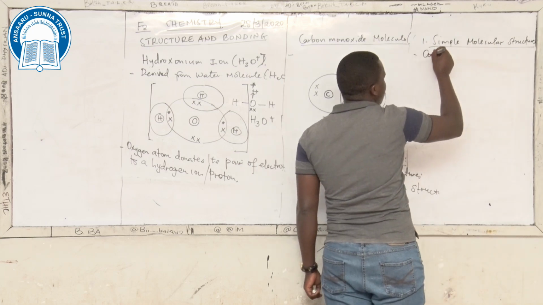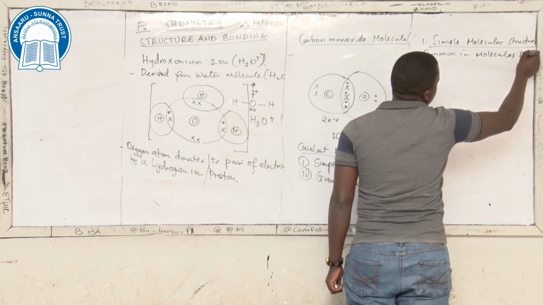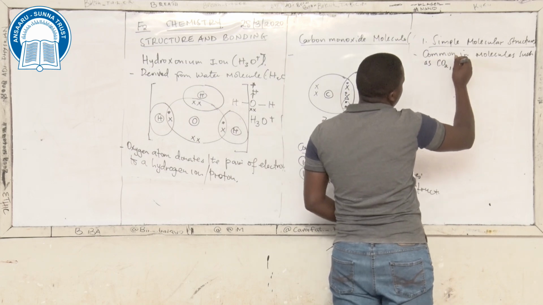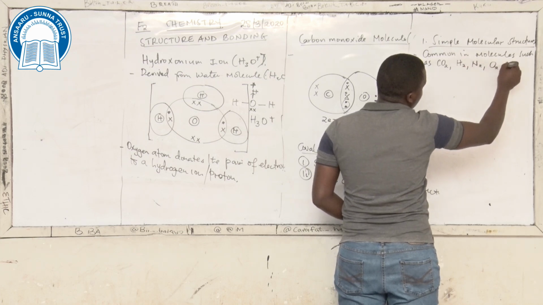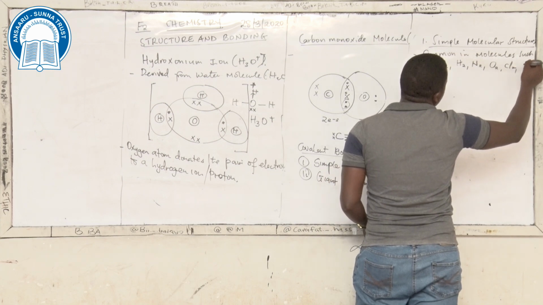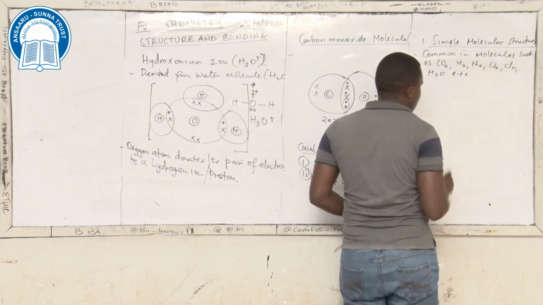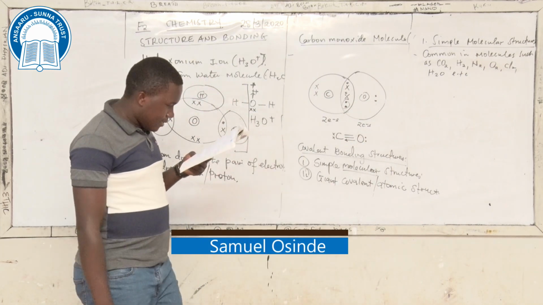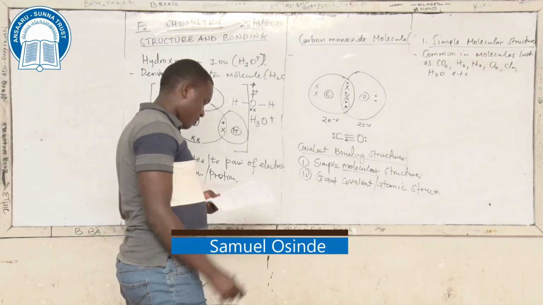This one is common in molecules such as CO2, hydrogen, nitrogen, oxygen, chlorine, we also have water. Those are molecular structures. It is common in water, most molecules, the ones we have drawn.